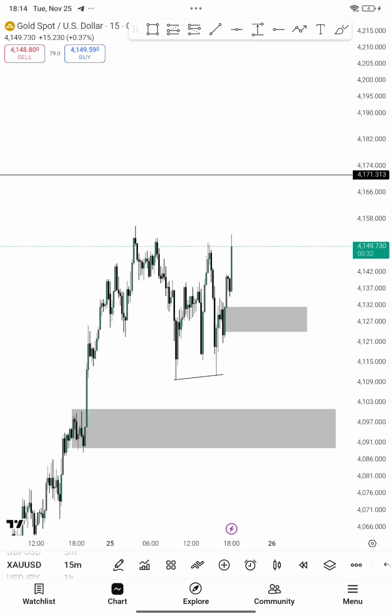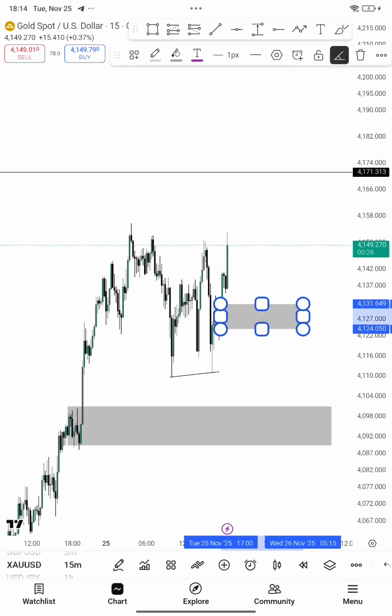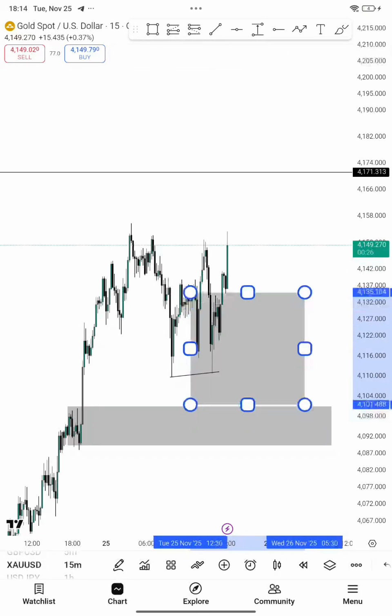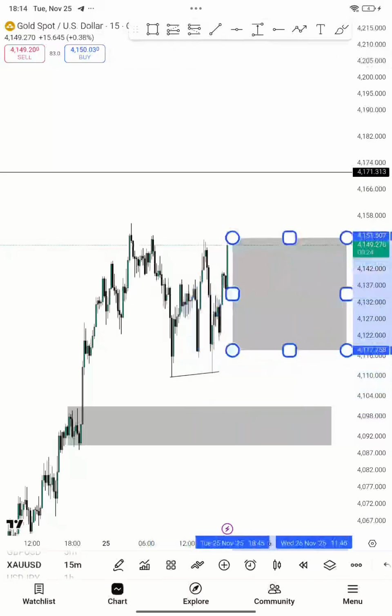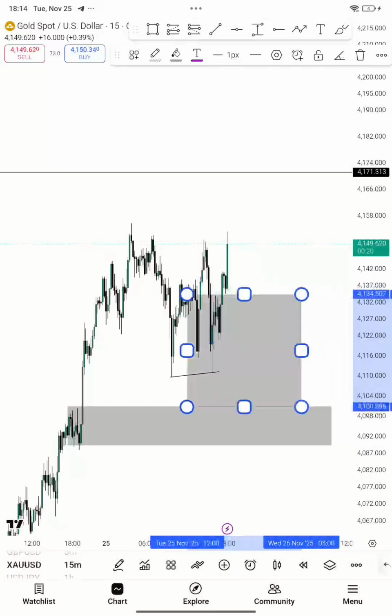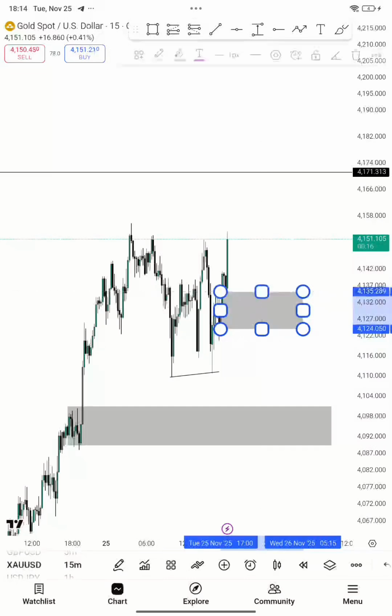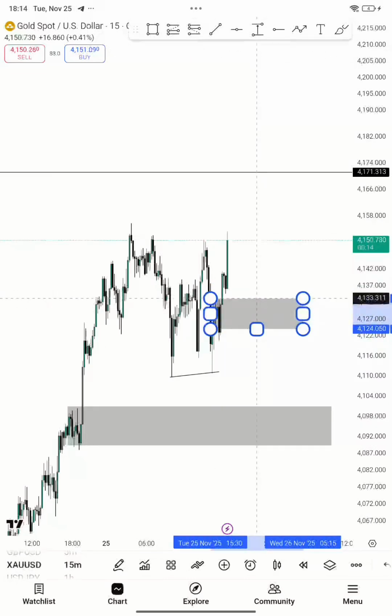So there are two things I'm looking at here. So what I'm expecting on gold is that there are two things I'm expecting on gold.